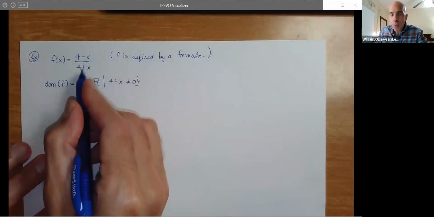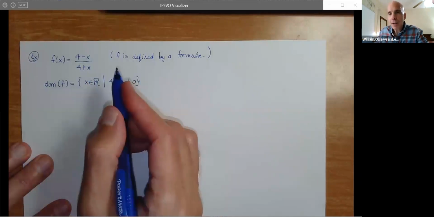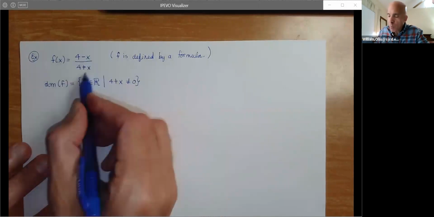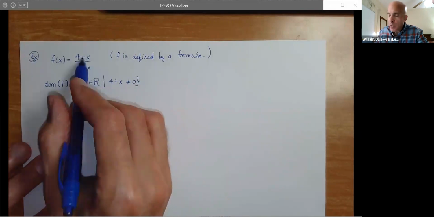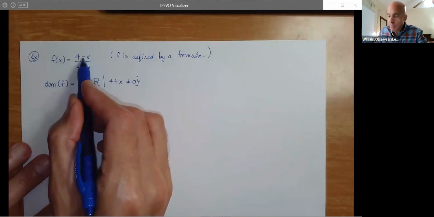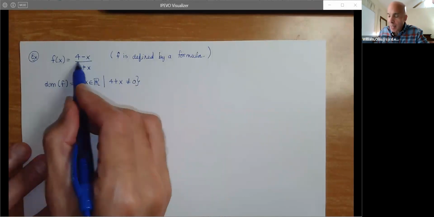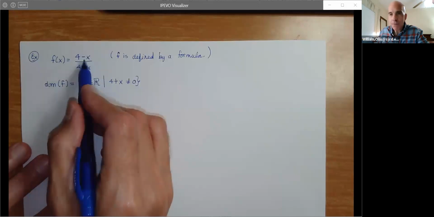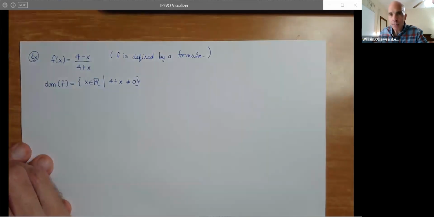Because when we look at this formula, if we're dealing with polynomials, we don't have to worry about division by 0. But this formula basically says you input an x, take its negative, add 4 in the numerator, and downstairs you input the x and add 4, and you take the ratio of those two numbers.